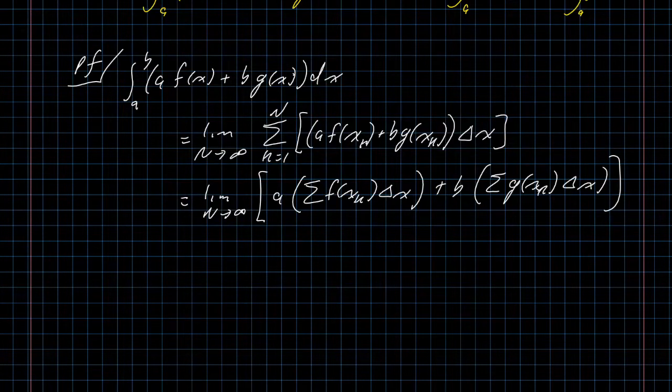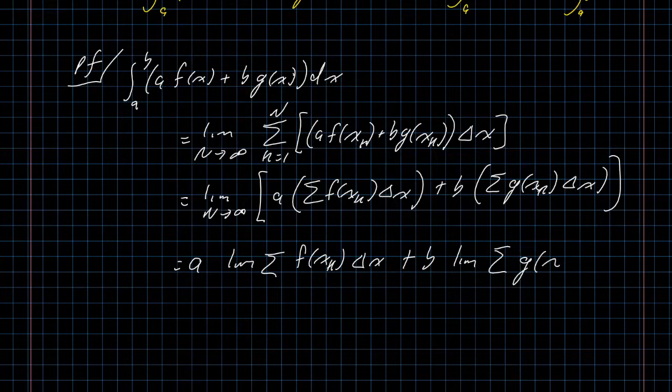And limits are also linear. So I can split this up as a times the limit of the sum of f of x_k delta x plus b times the limit of the sum of g of x_k delta x. And yeah, I should have all these limits as n goes to infinity, and all these sums as k goes from 1 to n, but I'm lazy and I don't always write all of that in.